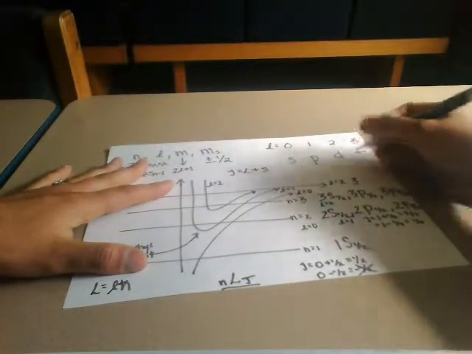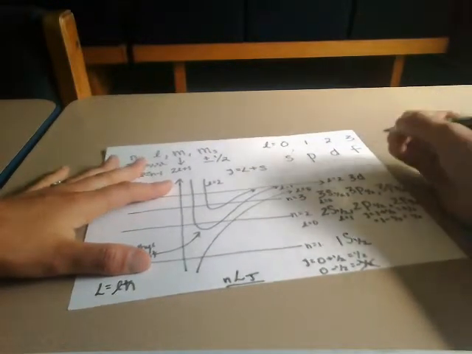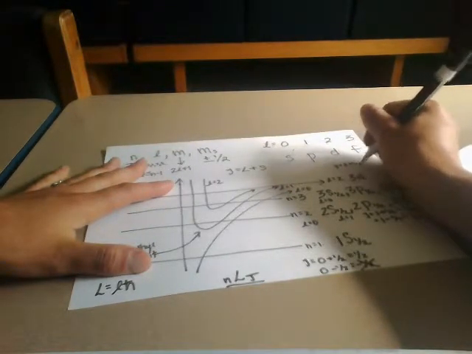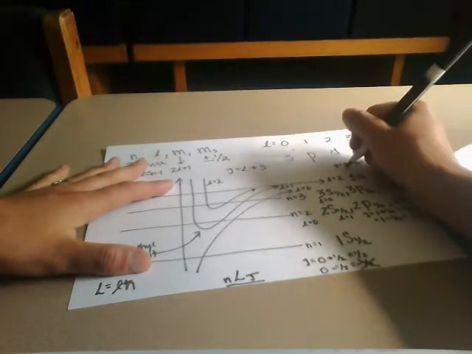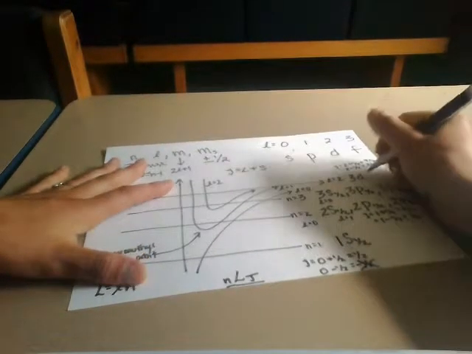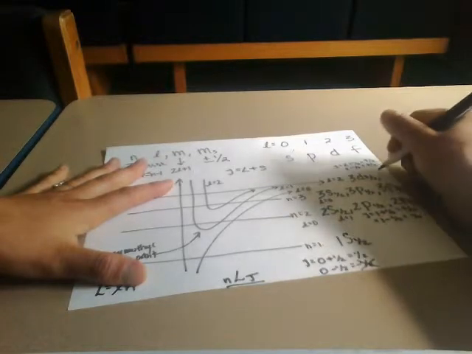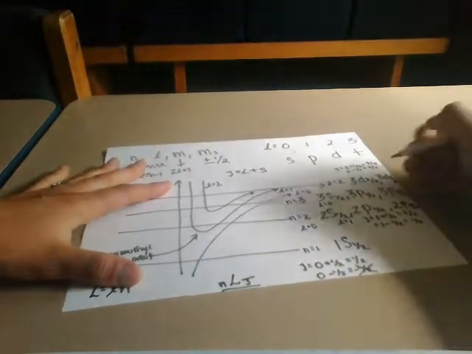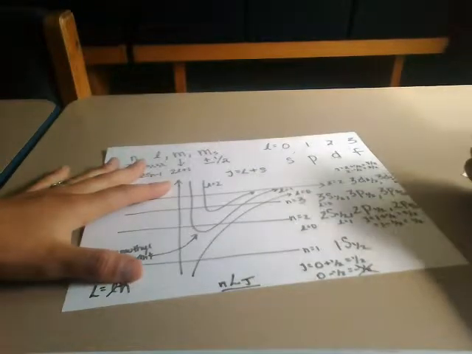Our new L equals 2, so we have D now, and our J equals 2 plus 1/2, which is 5/2, or 2 minus 1/2, two different spin values, which is 3/2. So 2 more terms arise from this, 3d 3/2 and 3d 5/2.